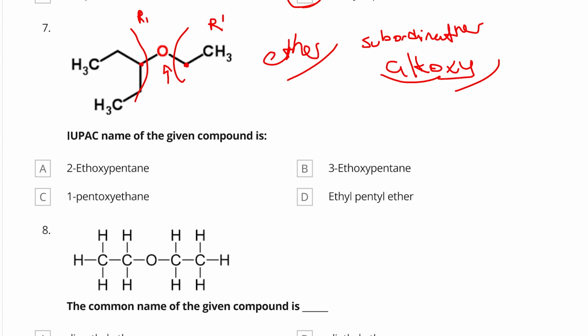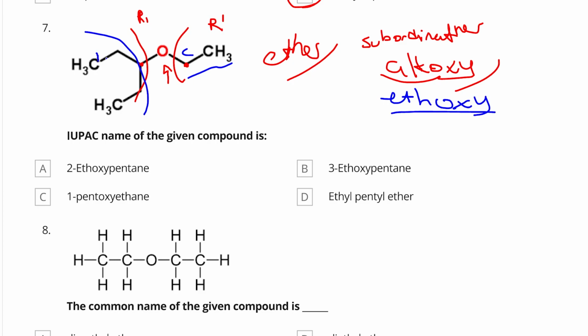And here, to name the alkoxy, we have to detect which of the 2 R's is the longest carbon chain. It's easy. This R is the backbone. So this R is the alkoxy group, and there are 2 carbons, which is ethyl. But to put the alkoxy group, drop the yl and put oxy, ethoxy.